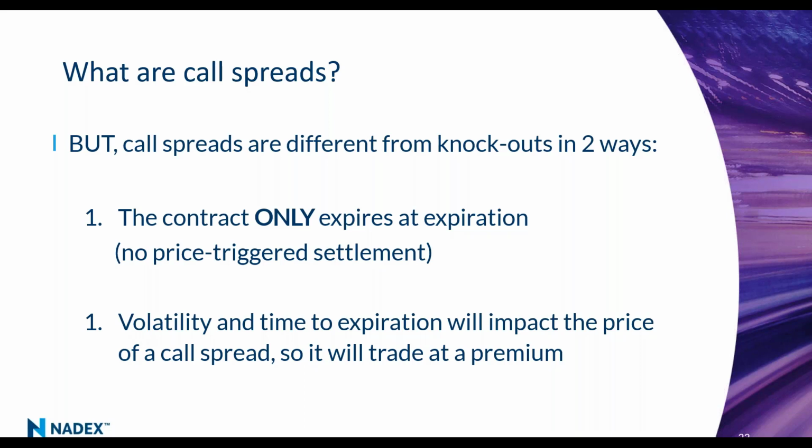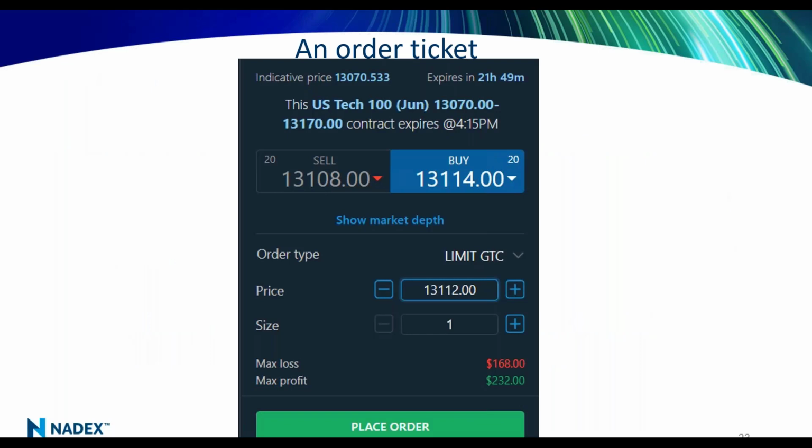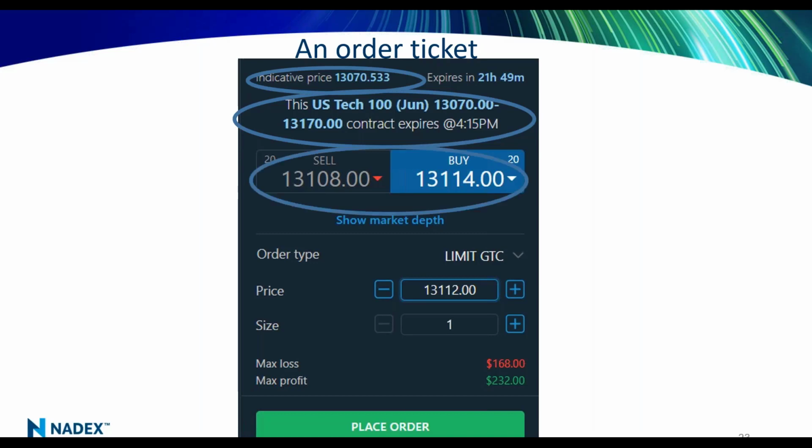Now, I want to look at a call spread order ticket, because I mentioned there's a premium, and it's important to understand what I'm talking about. Here, you see the indicative price of the Nasdaq. It's 13,070. It gives me the range of the call spread. It's right at the bottom level of the range, 13,070 to 13,170. Notice that if I wanted to buy a knockout, it would be trading 13,070.